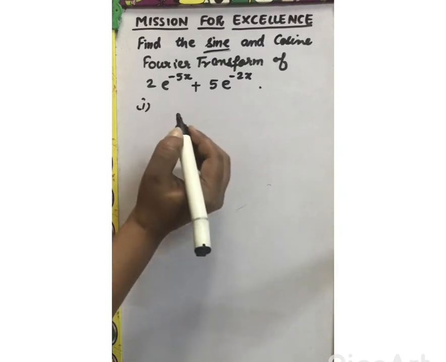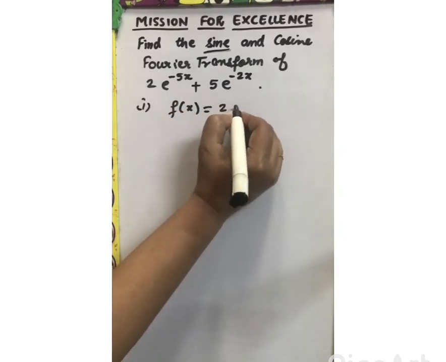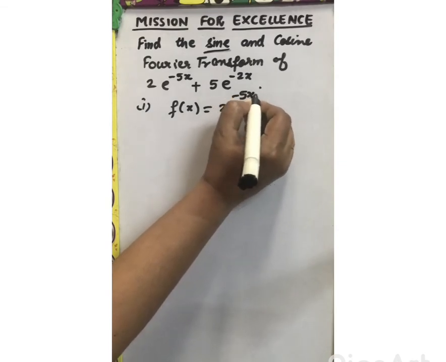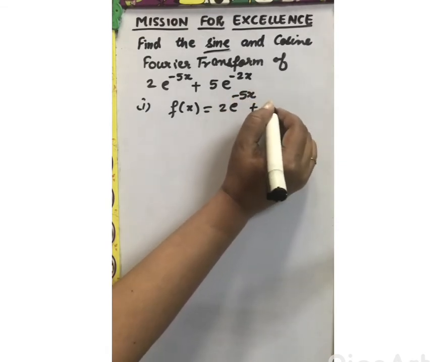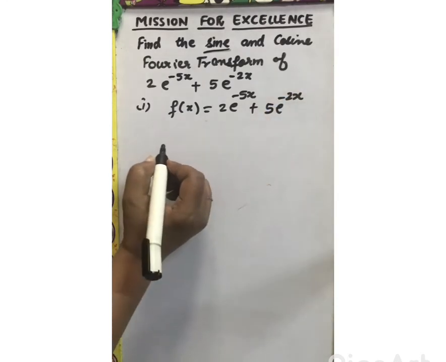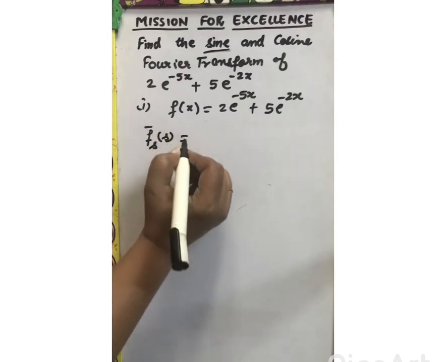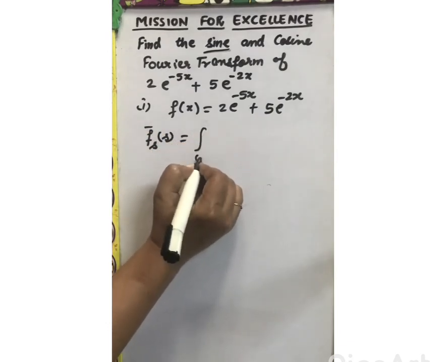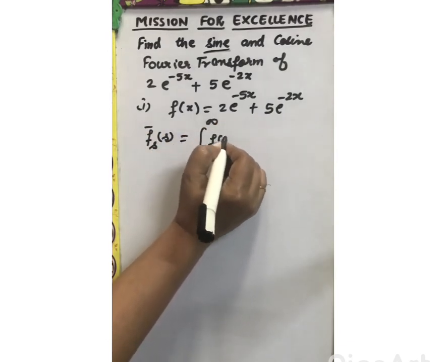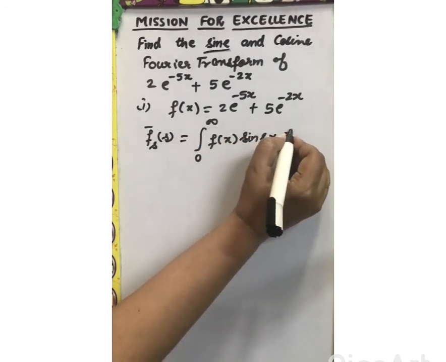By the definition, first we take f(x) as 2 e raised to power minus 5x plus 5 e raised to power minus 2x. Now from the basic definition, the Fourier sine transform of this function is 0 to infinity f(x) sin(sx) dx.